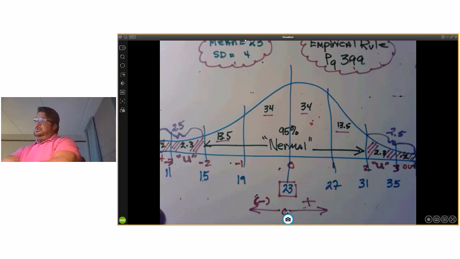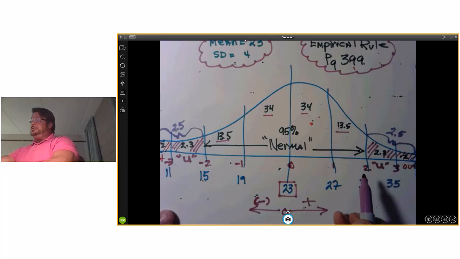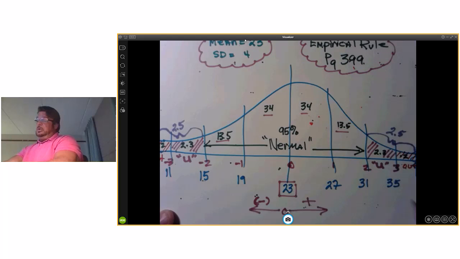So what do you do to the right on the number line with 0? You add. So 23 plus, plus, plus. What do you do on the left side of 0? You subtract. 23 minus, minus, minus. And you just keep subtracting the standard deviation. So when you do a problem like this, whether it has even or odd n, you should be able to find all of the information I gave you, as well as set this up.